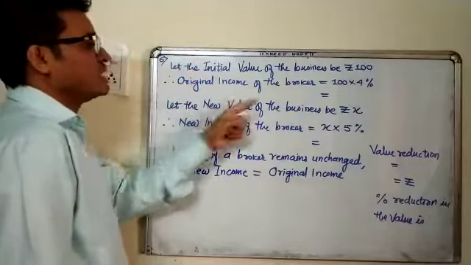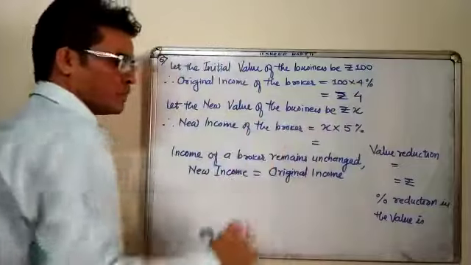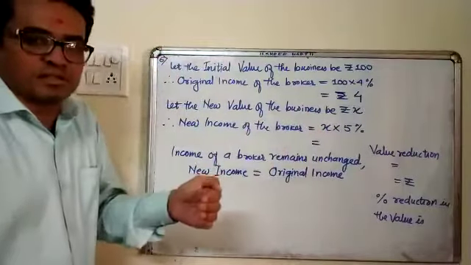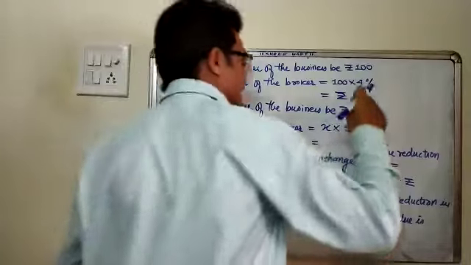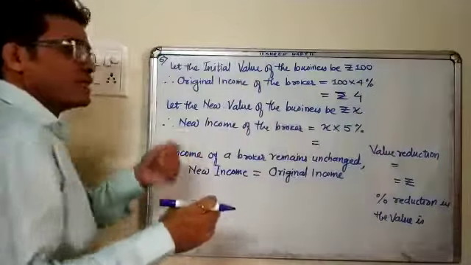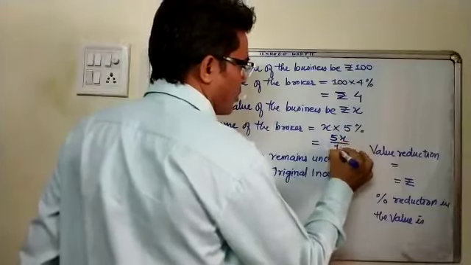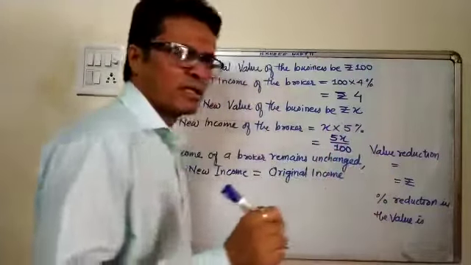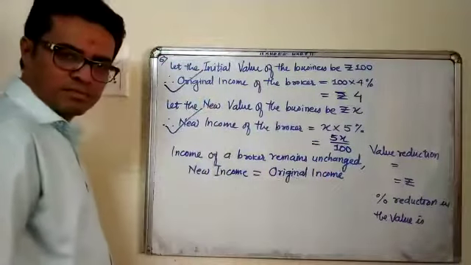So original income, 100's 4% is 4 rupees. Now new business. Let the new value of the business be rupees X, and new income of the broker at 5% comes to 5x upon 100. So here we got both the incomes, original income and new income.